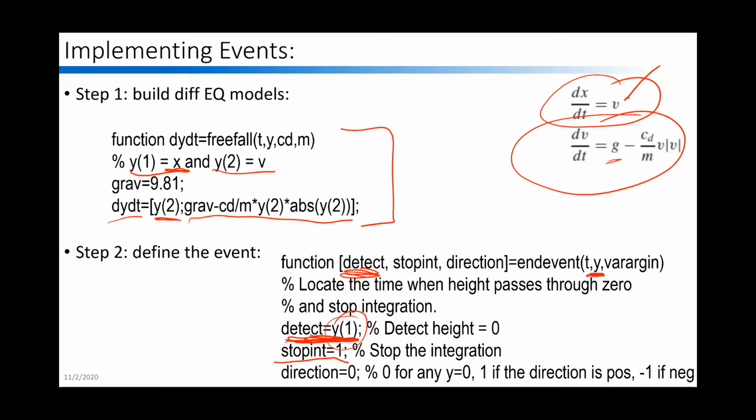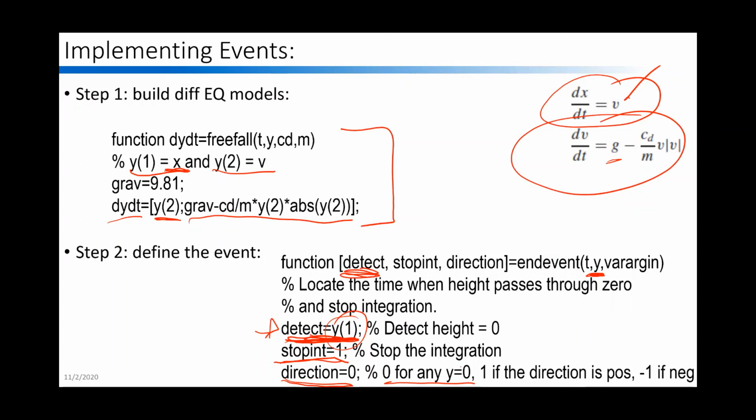Now, we set in our direction of 0. So this detect y1, when it hits 0, is going to indicate the stop point and the direction. 0 can be direction: you set it to 0 if you don't care which direction you're coming from.